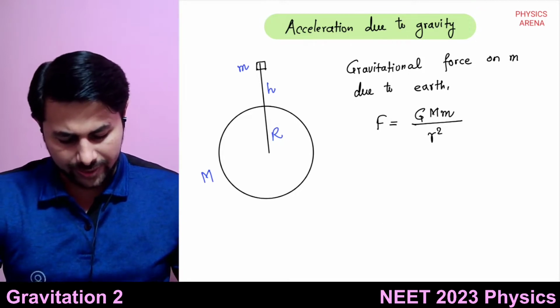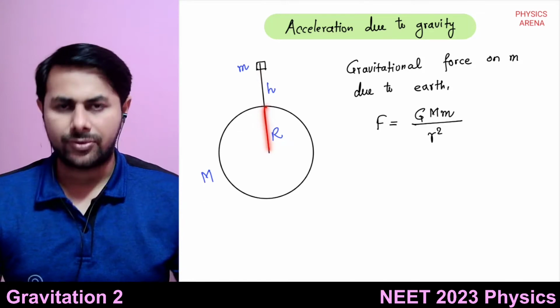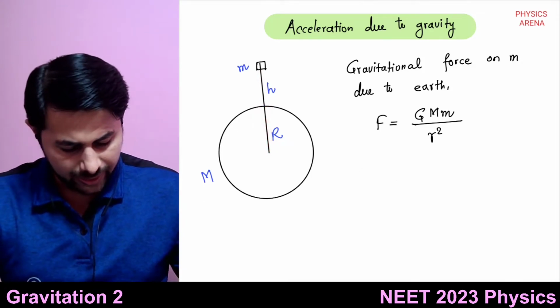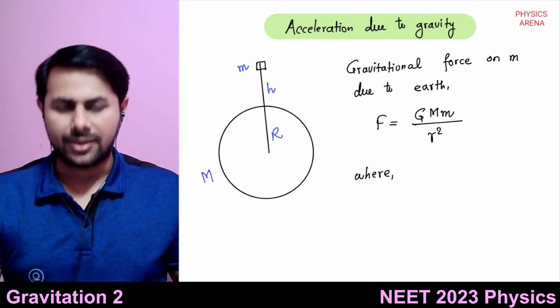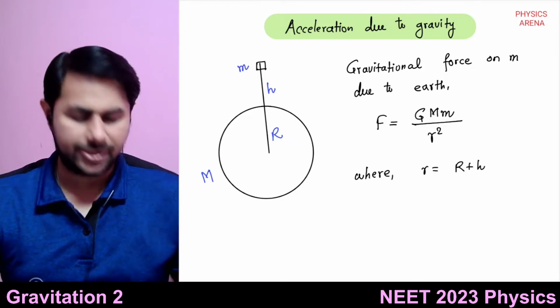And this small r is equal to capital R plus h. So the distance between the object and the center of earth is R plus h.